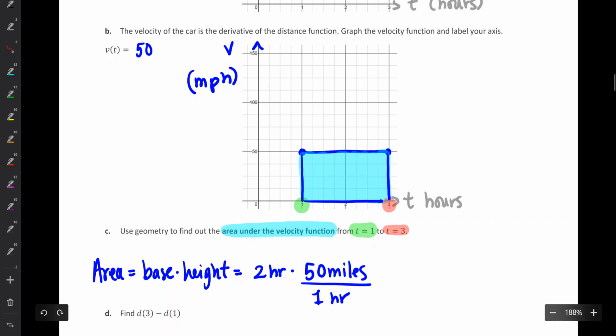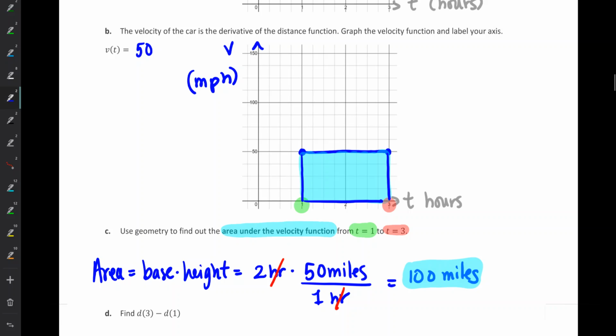Your hours are canceling, and you're ending up with 2 times 50. You're ending up with 100 miles. That blue area is representing that net change in position, that distance traveled here. He's not double backing. This is 100 miles.